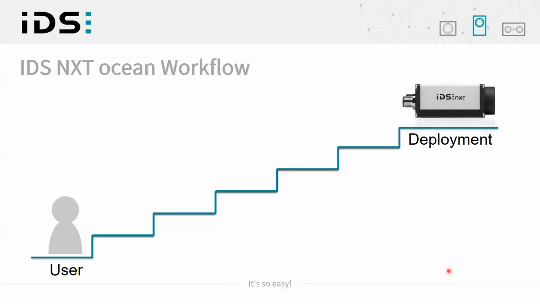Good. Now we have a good problem, and we'd, of course, like to enable you to solve your problem with our camera, with a neural network for our camera. However, we figured out that there are quite a few thresholds to take until you arrive at this point. You'll have to acquire a data set, which of course simplifies a lot if you have the right problem to begin with.